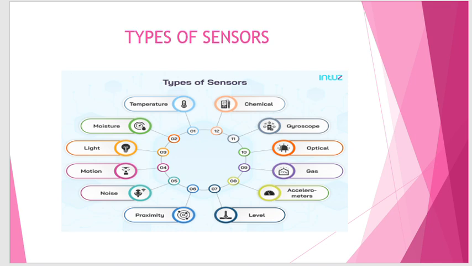If I mention automobiles, the accelerometer is highly unavoidable, and the microphone is one of the best examples of a sensor. It captures sound waves with different frequencies, and the current transducer can measure either AC or DC current. So these are the different types of sensors.